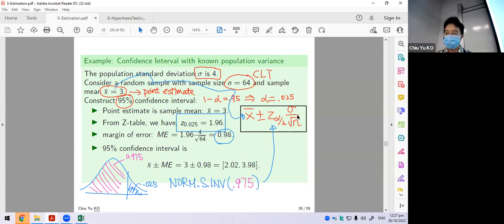Remember, this is called the standard error. Here it tells you it will be 2 times the standard error, because the 95% value is about 2.